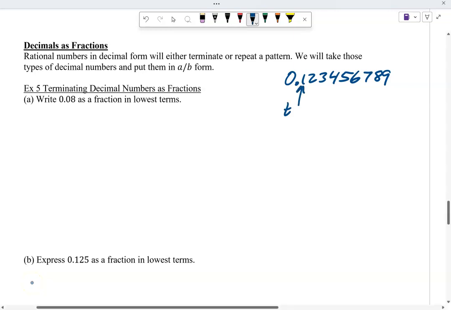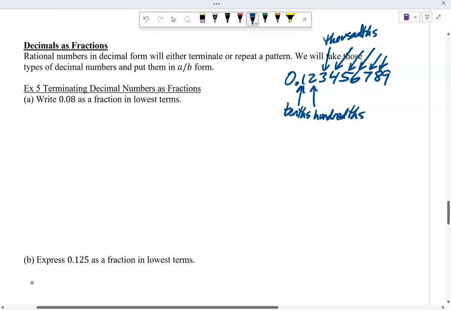So if you remember, that's our tenths position, the first decimal. That's our hundredths. Third ones are thousandths. And then 10,000ths, 100,000ths, millionths, 10 millionths, 100 millionths, and so on, right?